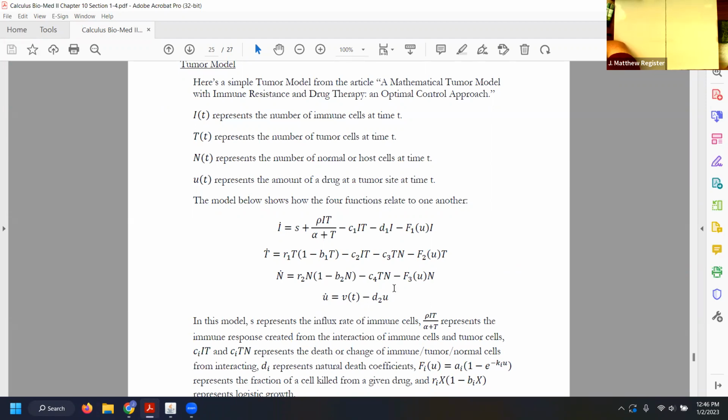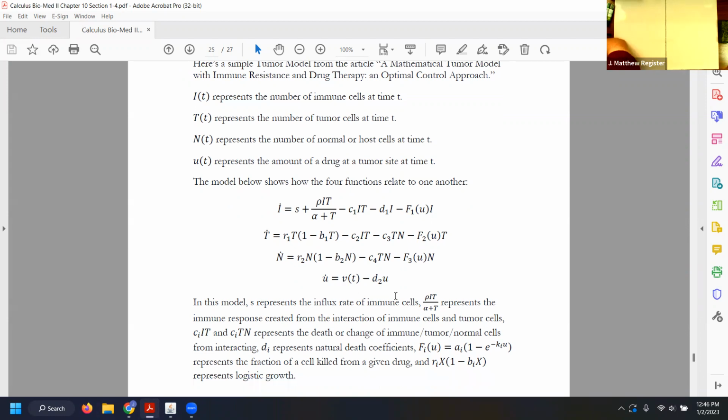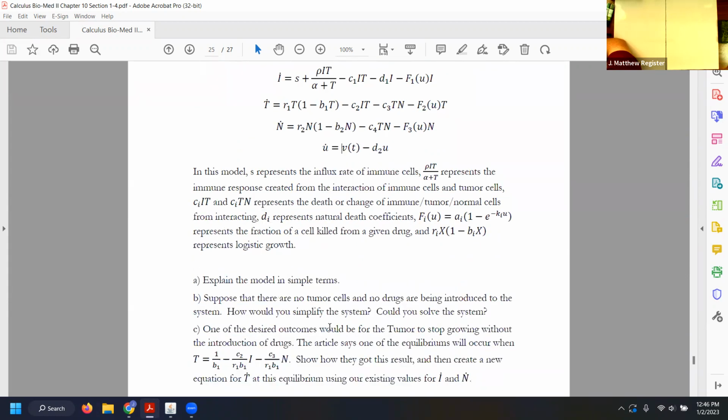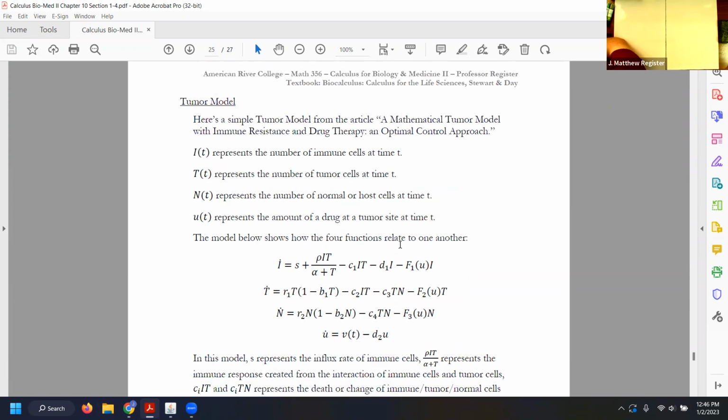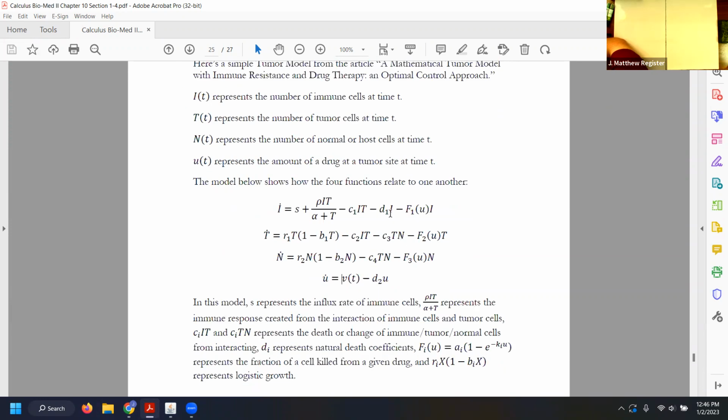And that's the goal. I think a lot of that's actually written down in this paragraph. But that's really how chemotherapy and tumors work. We can analyze this simple model quite a bit. For instance, we could say, what happens if there are no tumor cells?